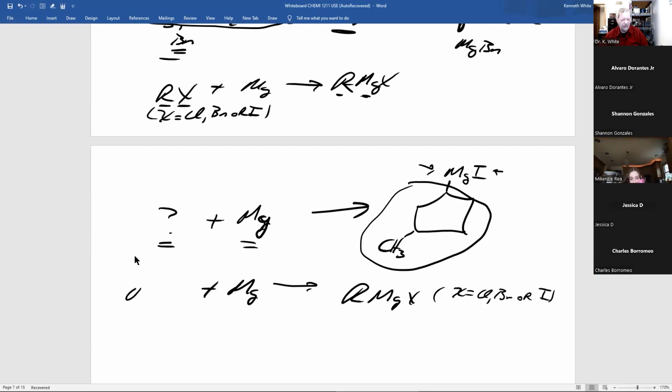And what do you start with? An alkyl halide. The carbon with the magnesium iodide is the carbon with the halogen. And the halogen is iodine, which is on this carbon. And I'm done. And that's how you do it.